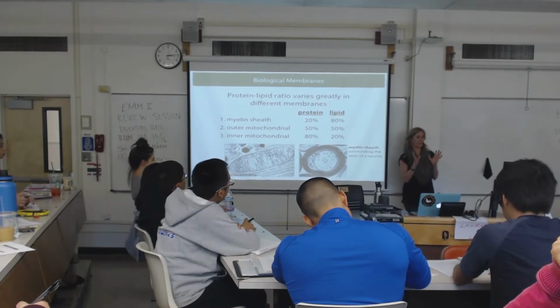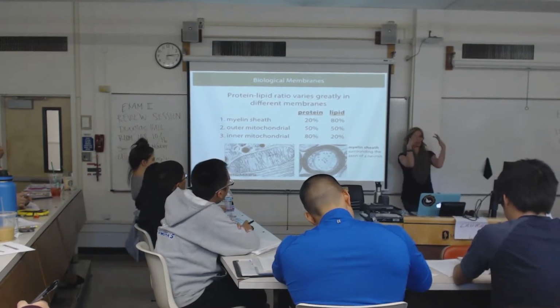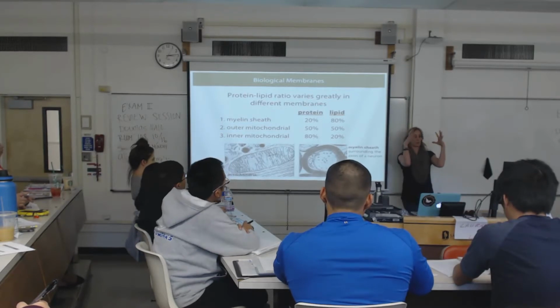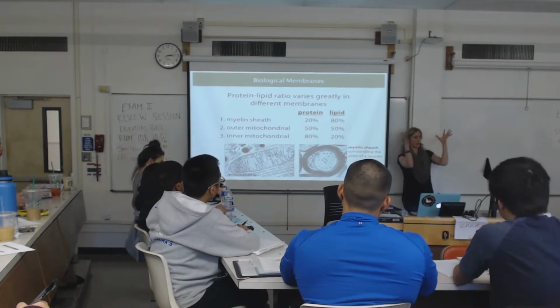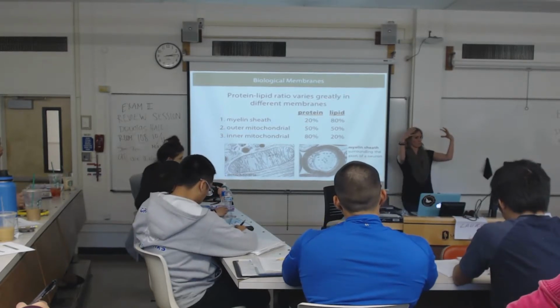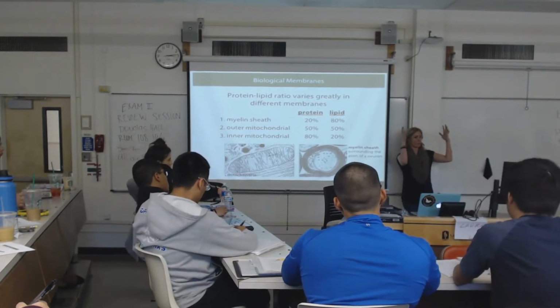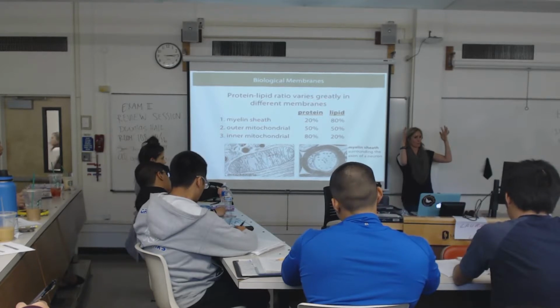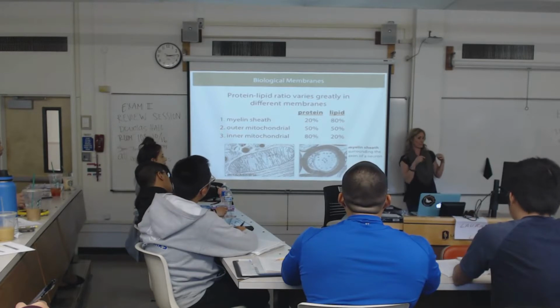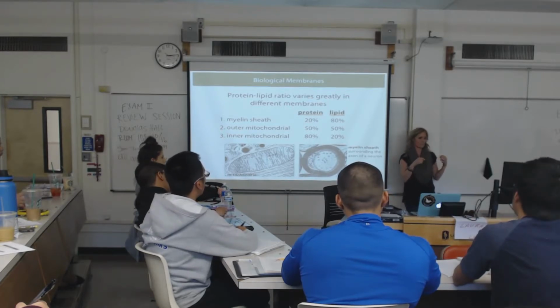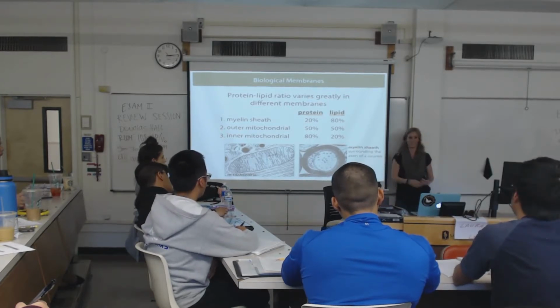When that cell engulfed it, the outer membrane would have come from the eukaryotic cell that engulfed it. It would have surrounded it with membrane, so it would have been plasma membrane. The inner membrane would have come from the bacterial membrane, right? Guess what ratio of protein to lipid you see in most bacterial membranes? Yeah, 80-20. Pretty cool.